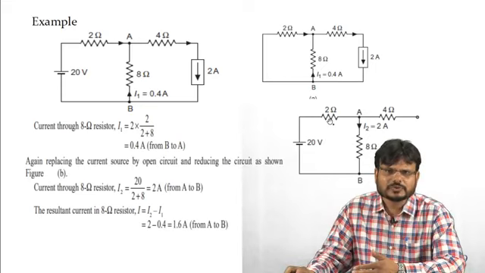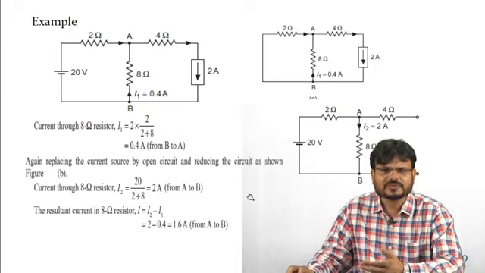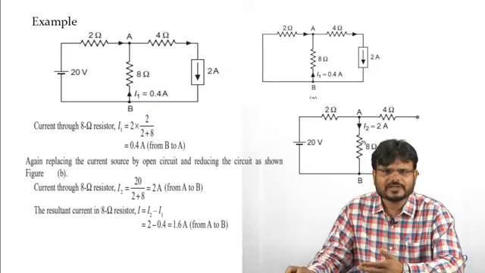That means this 2 ohm and 8 ohm resistance will work as a load for this voltage source. So what will be the current flowing through this 8 ohm resistance? I2 is equal to this 20 volt divided by the summation of the resistances of these two branches, that means 8 plus 2. So I2 is equal to 20 upon 2 plus 8. So 20 upon 10, that is 2 ampere, and this current is flowing from A to B.